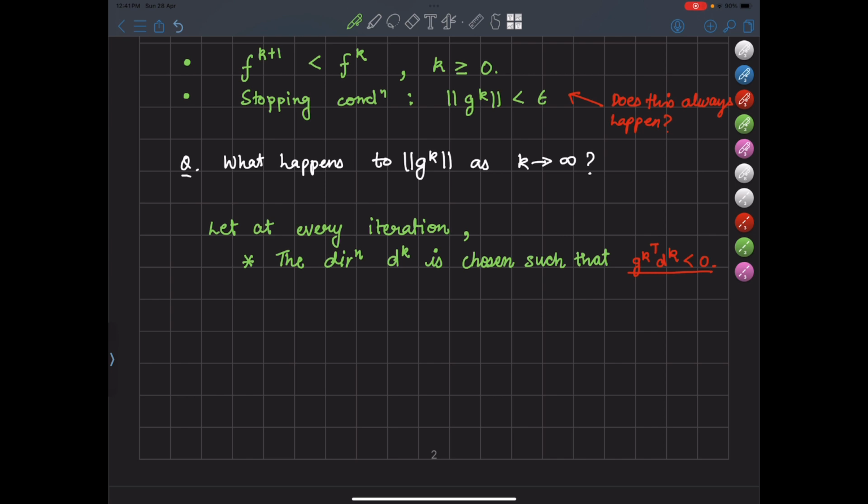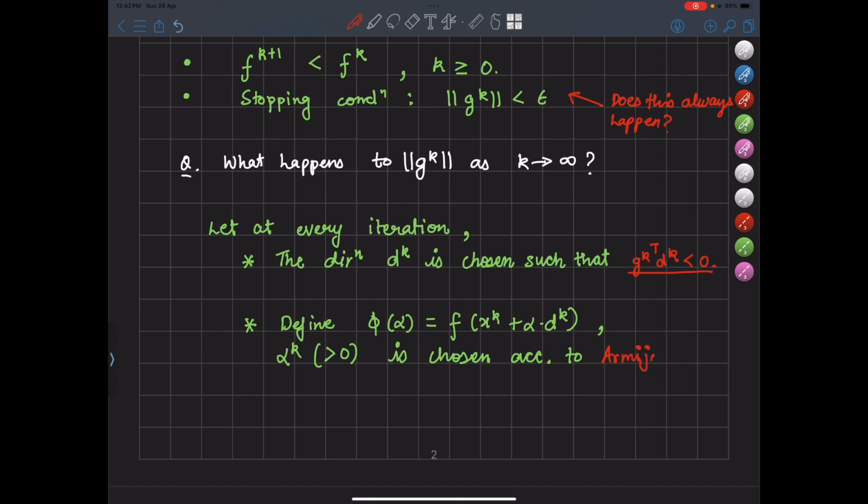And let's choose the step length. So we define phi of alpha as f of xk plus alpha dk, and alpha k, which is greater than 0 always, is chosen according to, let's say, the Armijo-Wolfe condition.